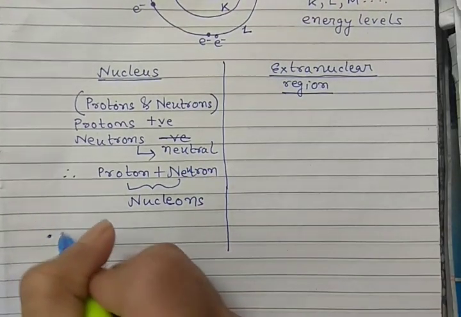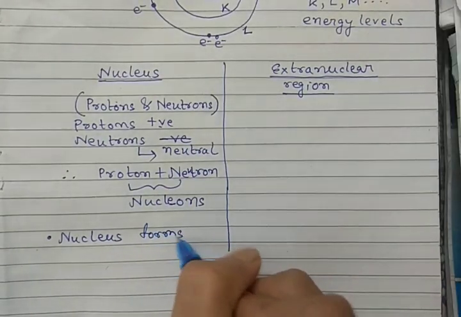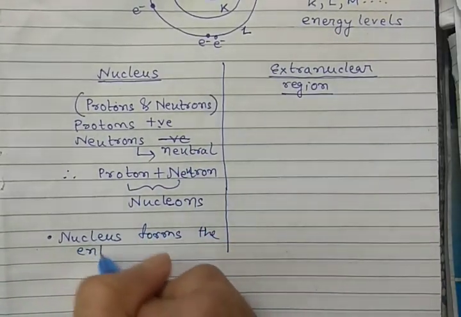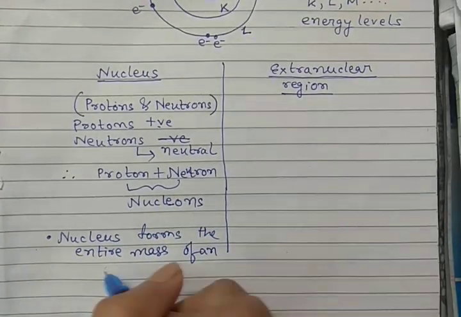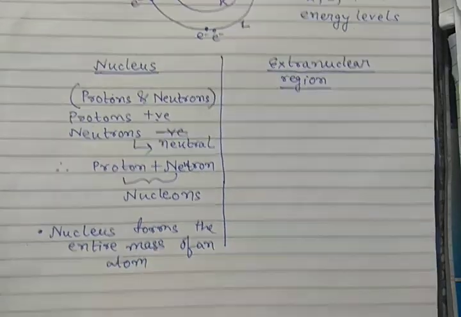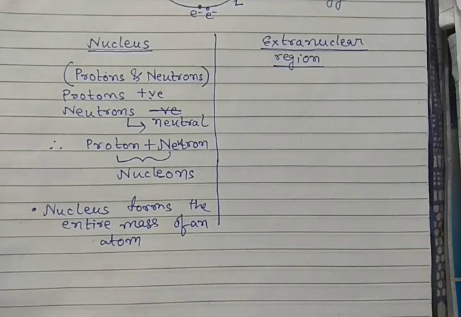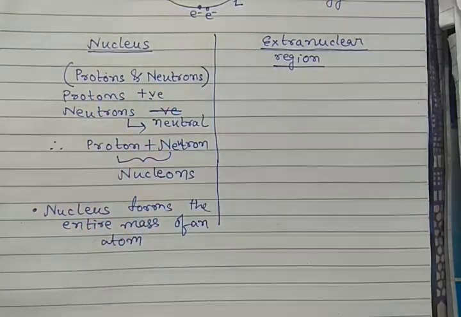Now the nucleus forms the entire mass of an atom. Why? Because mass of electrons is negligible, so the total mass of the atom is concentrated in the nucleus due to the presence of protons and neutrons, okay?